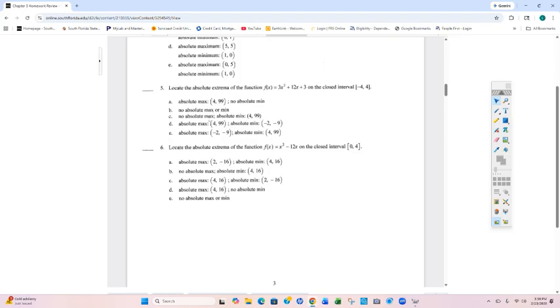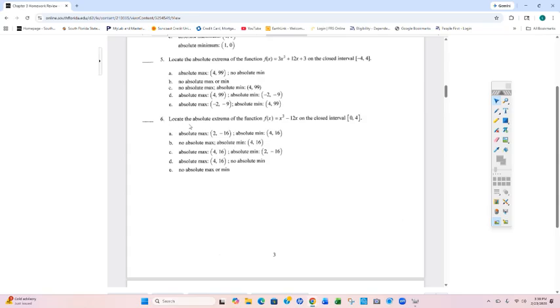C, no absolute max, absolute minimum at the coordinate 4, 99. D, absolute maximum at the coordinate 4, 99, absolute minimum at the coordinate -2, -9. E, absolute max at the coordinate -2, -9, absolute min at the coordinate 4, 99. Correct answer is D. That was from section 3.1.